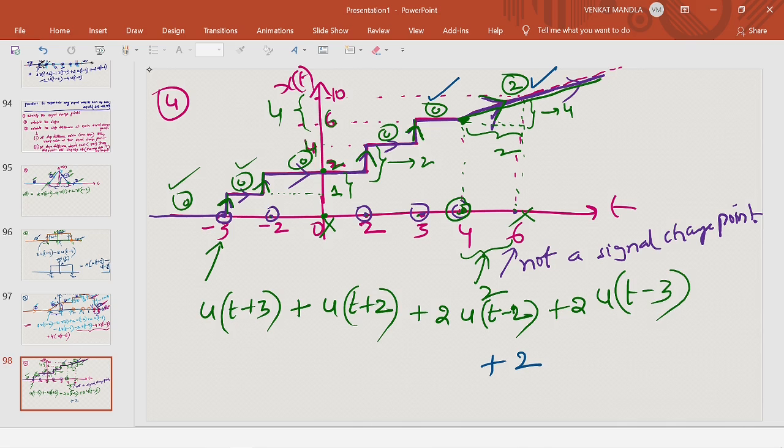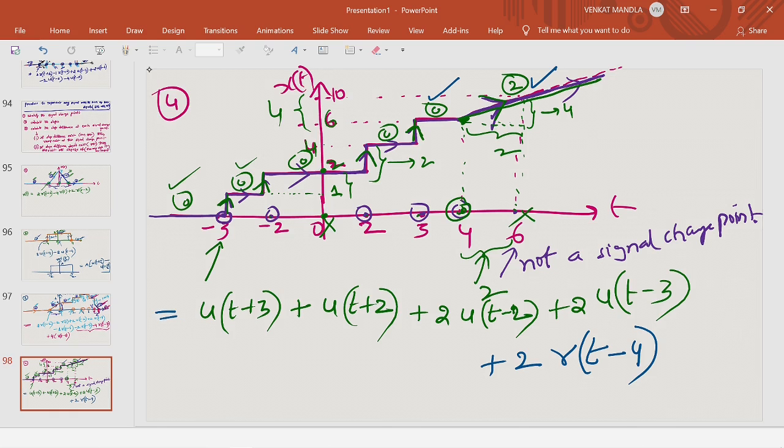So ramp exists. If the slope difference exists, ramp exists. What is the ramp? R of t, but it is not at t equal to 0, it is t equal to 4. So that is R of t minus 4. And t equal to 6 is not a signal change point, so you don't need to write the equation at t equal to 6. So that's it.